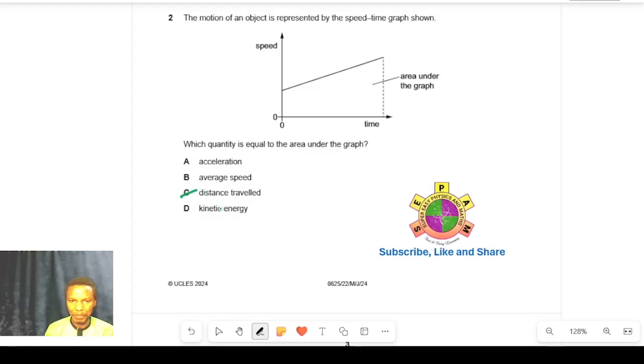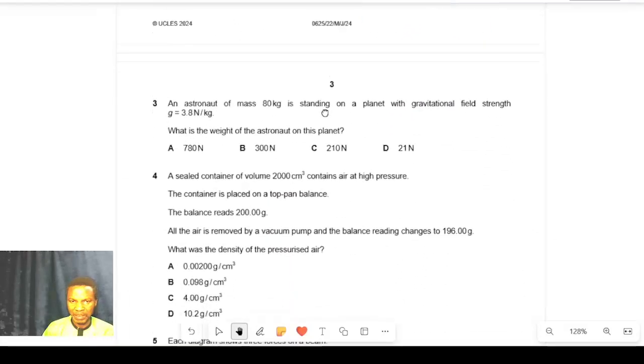That is C. The acceleration is the slope, so the slope of this graph will give you the acceleration of the motion of the particle. So let's move to the next one.